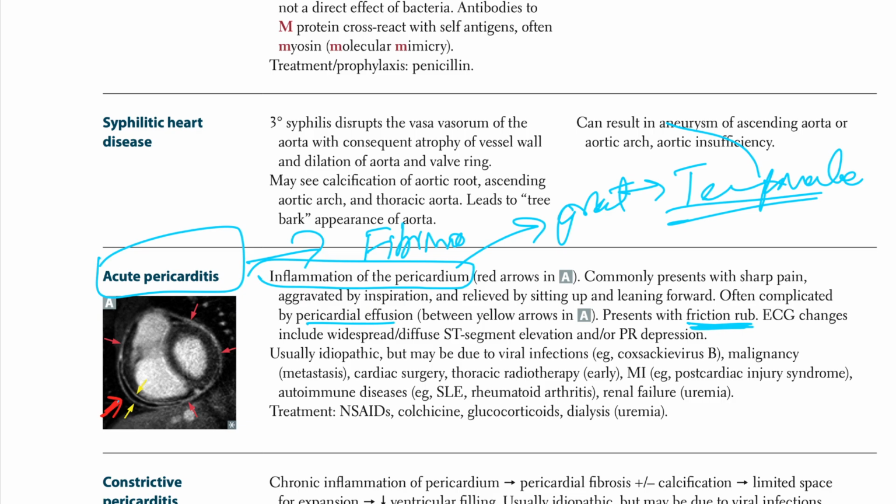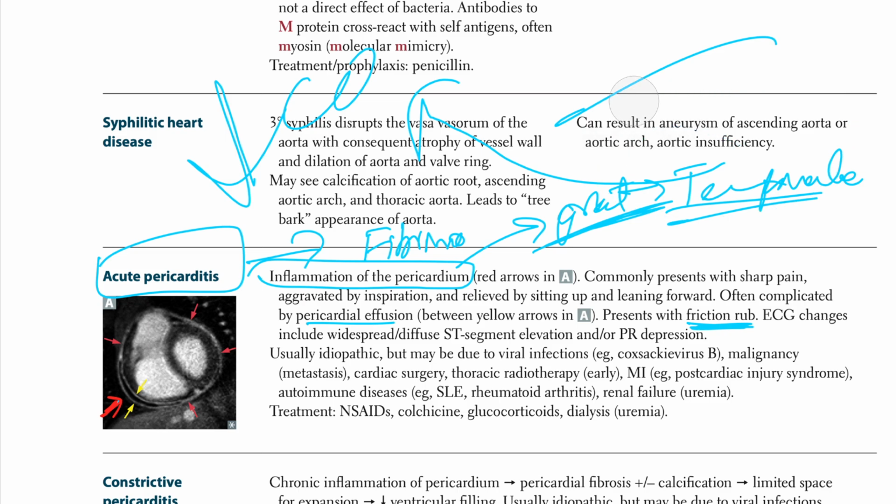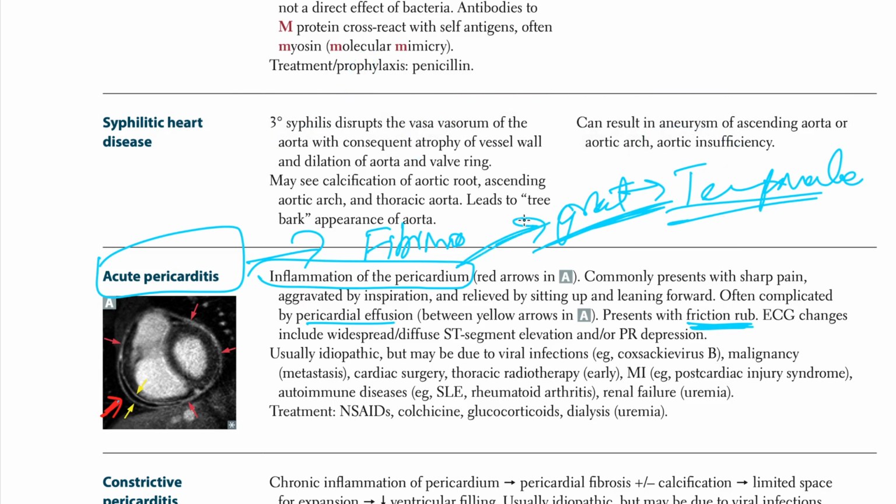Tamponade was we had a fluid within the pericardium, but a great amount of fluid that was restricting the heart, decreasing the cardiac output, right? And that was cardiac tamponade. So inflammation of the pericardium that causes a lot of fluid to go into the pericardium will cause cardiac tamponade.